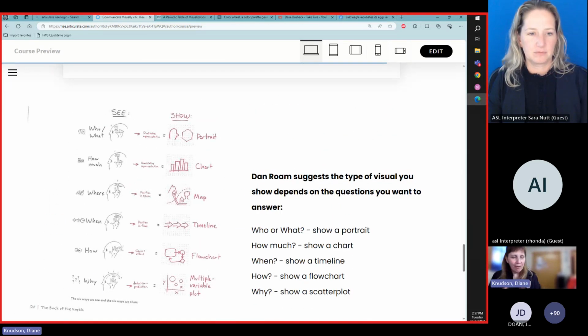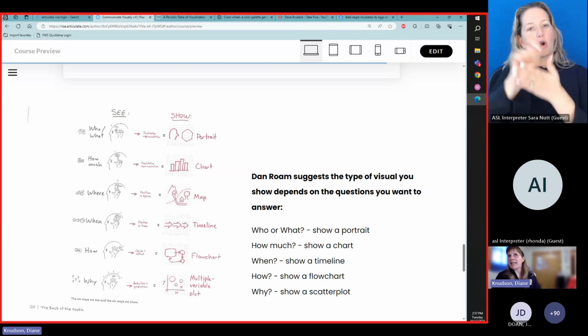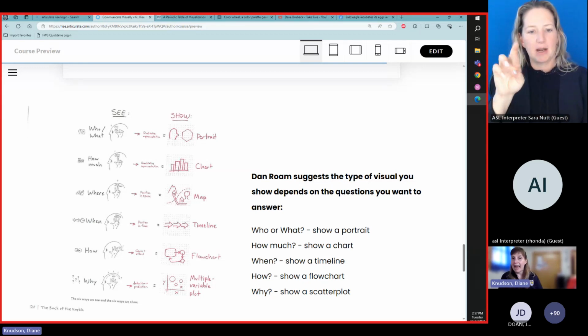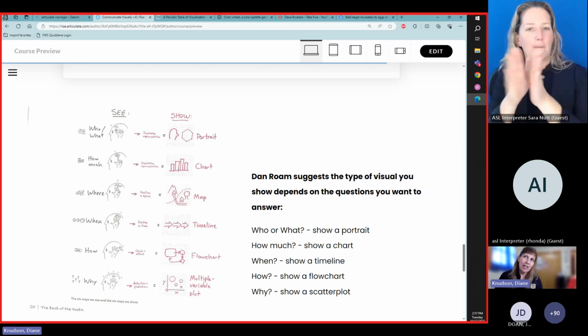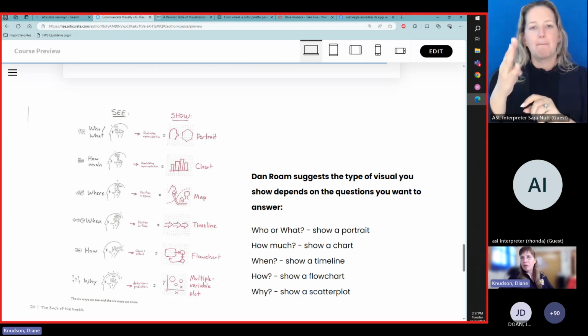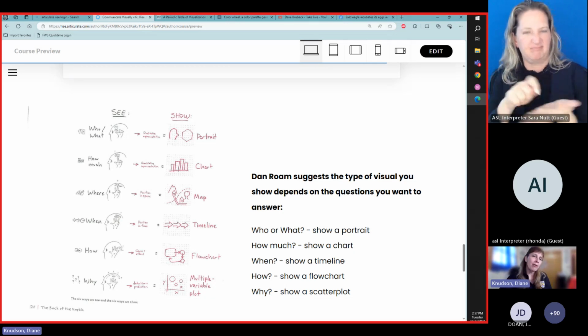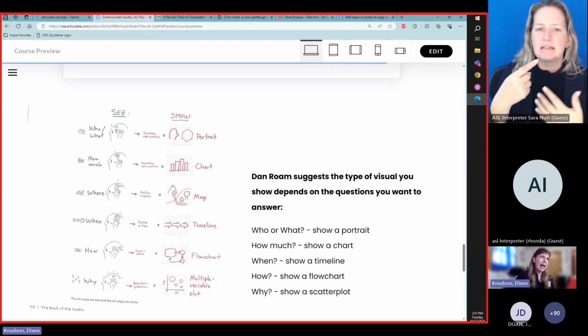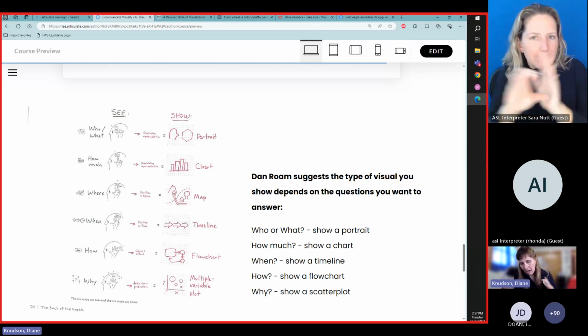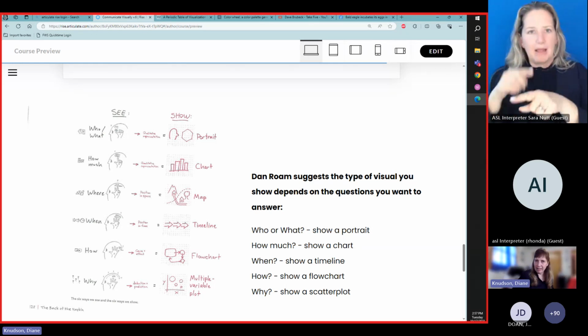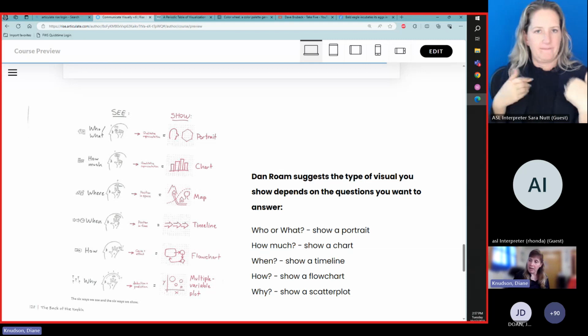So there's another author, Dan Roan, who wrote a book called The Back of a Napkin. And he suggests that the type of visual that you use depends on the question that you want to answer. Remember earlier I said that telling a story with data is like a journalistic story.